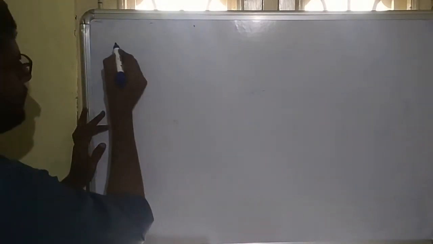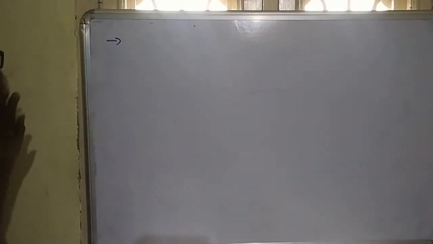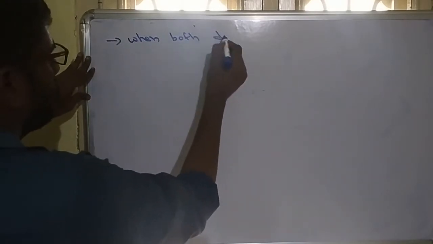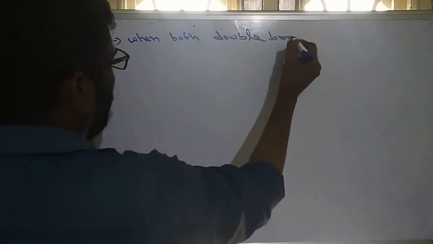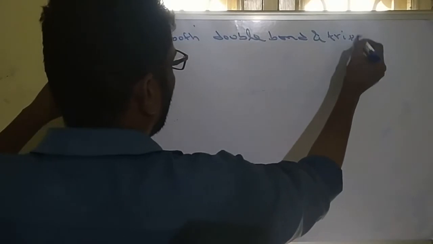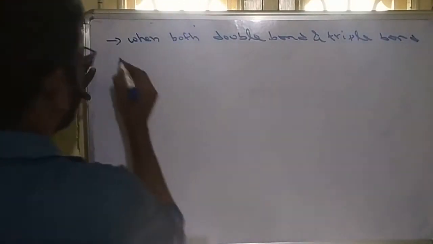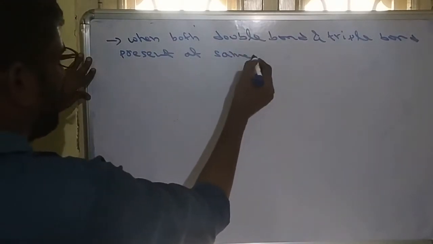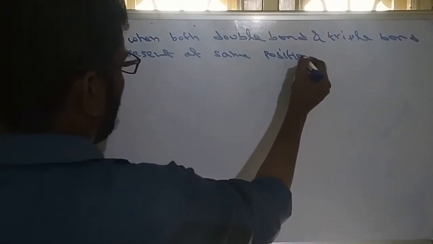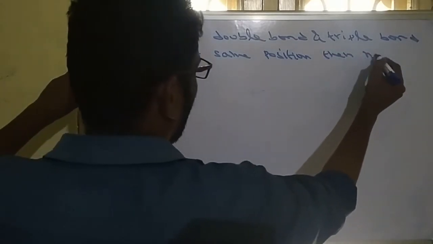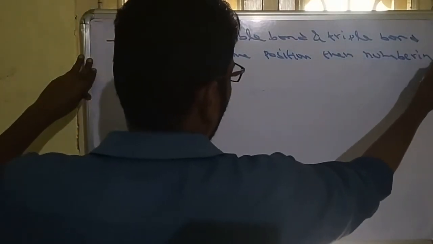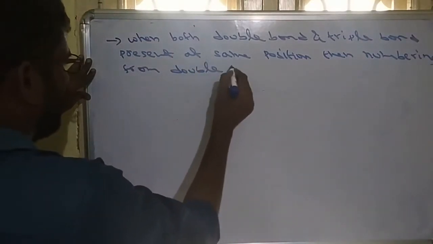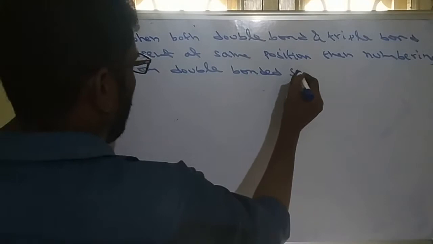See this. 2 exceptions I am explaining. When both double bond and triple bond are present at same position, then numbering from double bonded side.